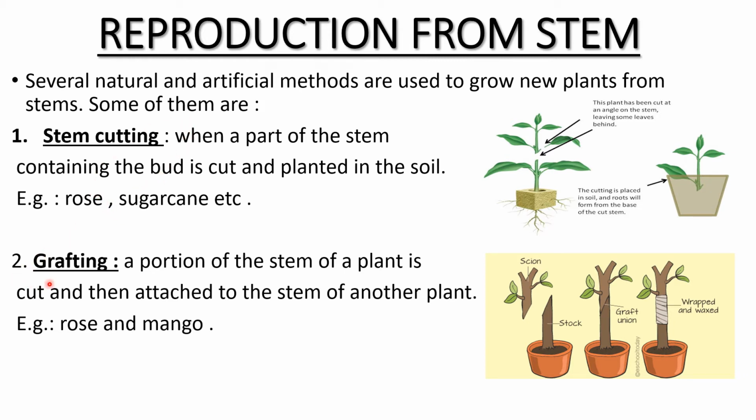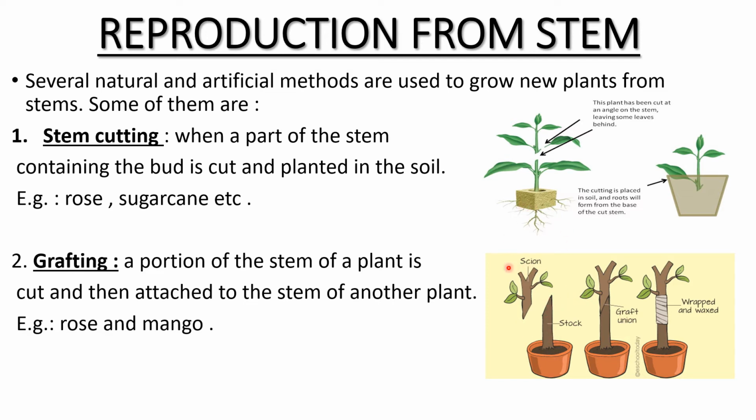Now next is grafting. In grafting it is done by taking two plants. Stem cutting is done from only one plant, but grafting is done with two plants. Here a stem is cut from the upper portion in a slant manner. The upper portion is called the scion and the lower portion is called the stock.